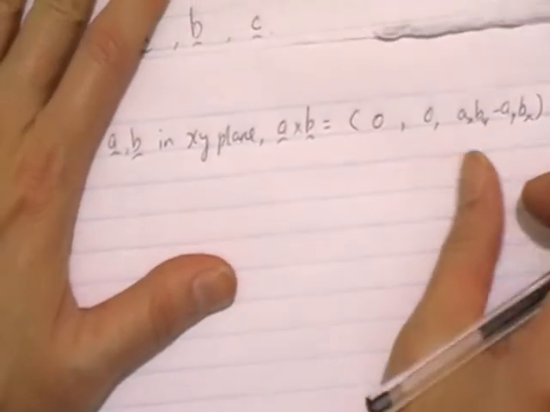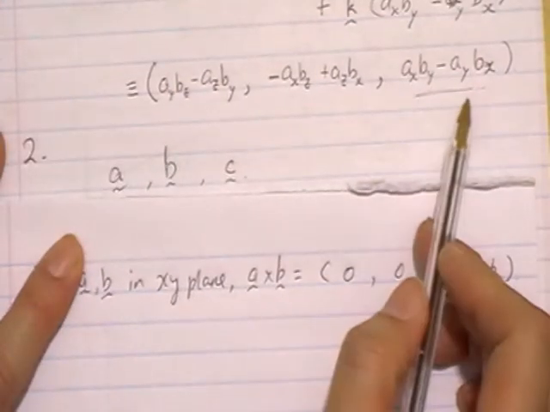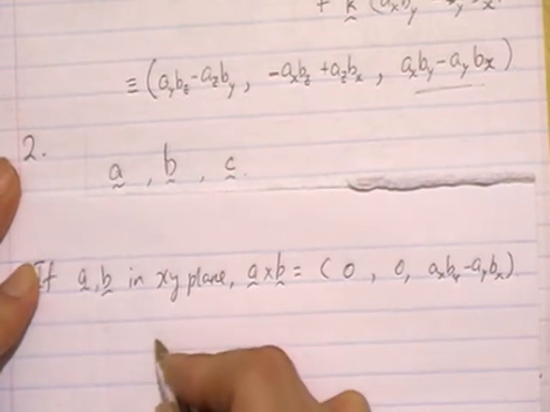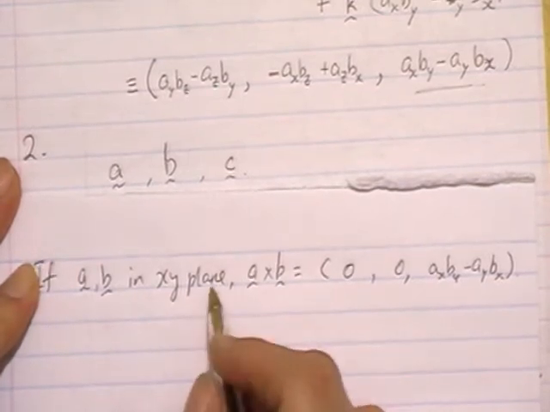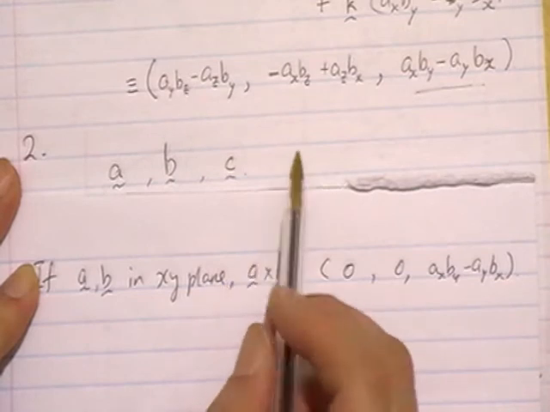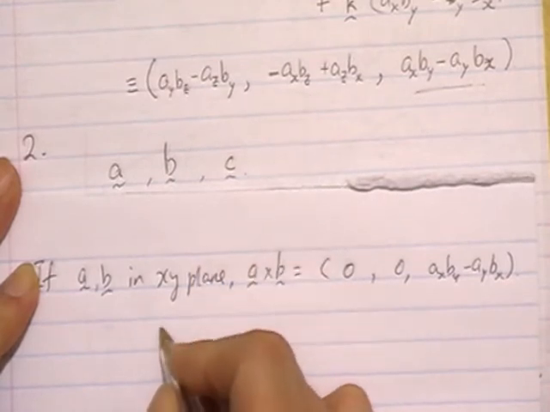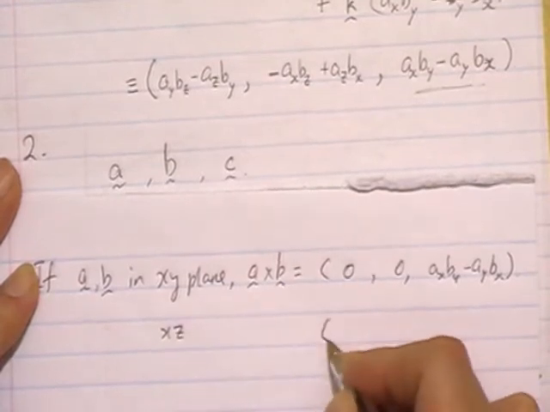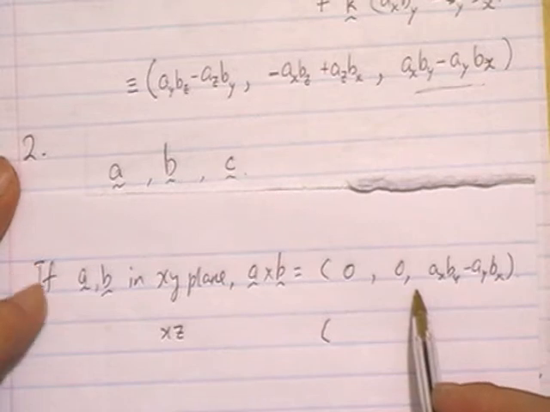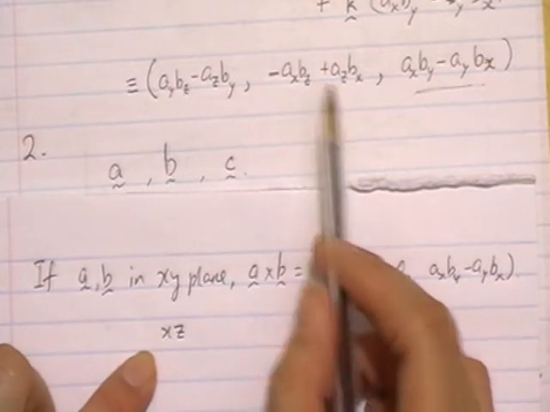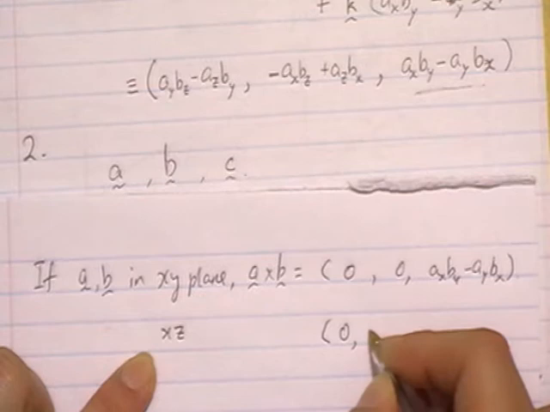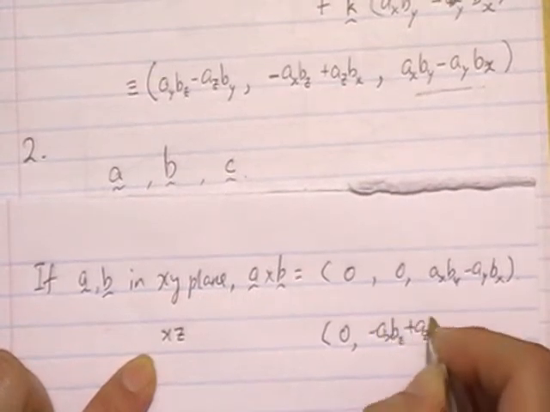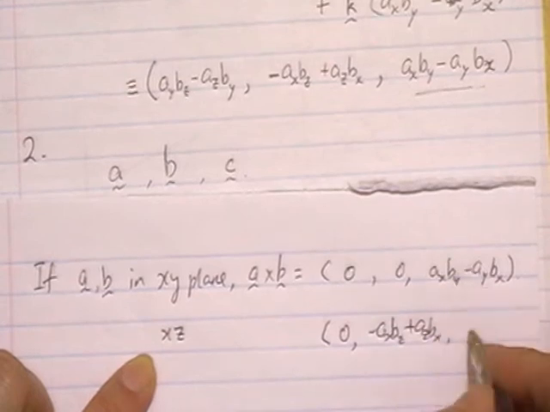So this comes from this formula there, and from what I've described, if A and B are in, say, the xz plane, then A cross B would give that term, so 0 minus AxBz, and that would be 0.